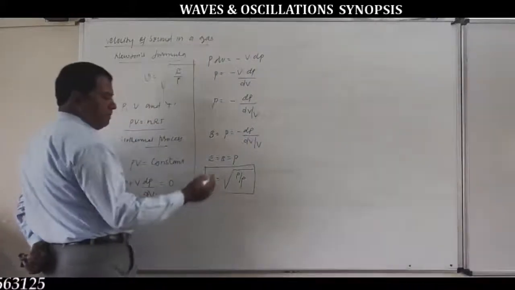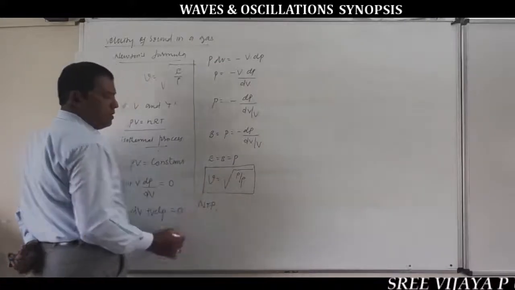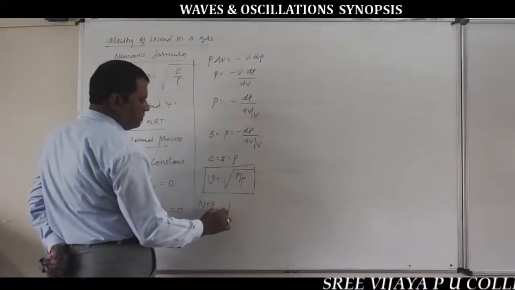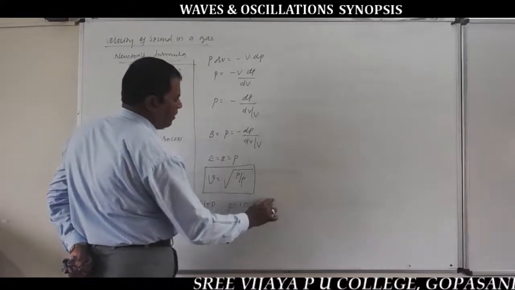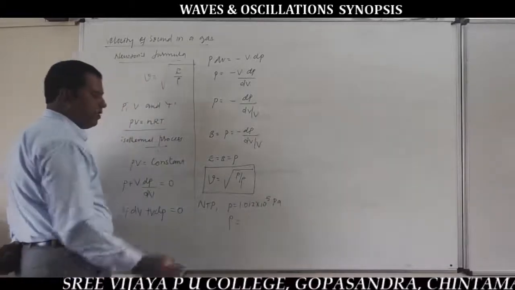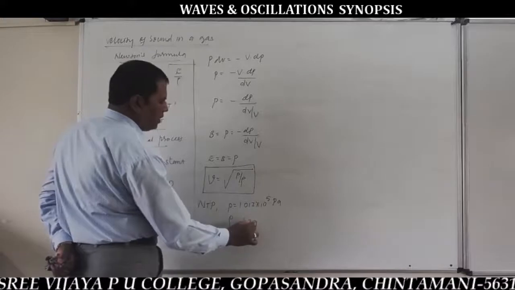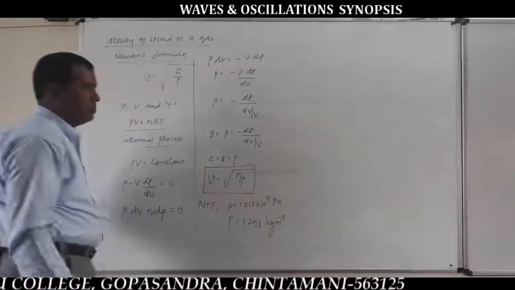At NTP, at normal temperature and pressure, the pressure of air is 1.013 into 10 power 5 Pascal. And at NTP, the density of air is 1.293 kg per meter cube.